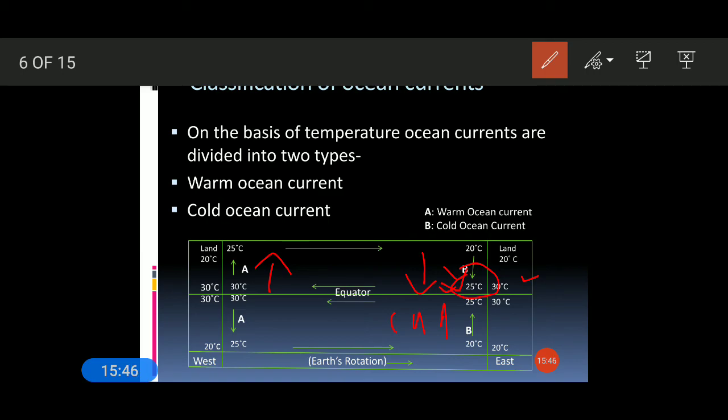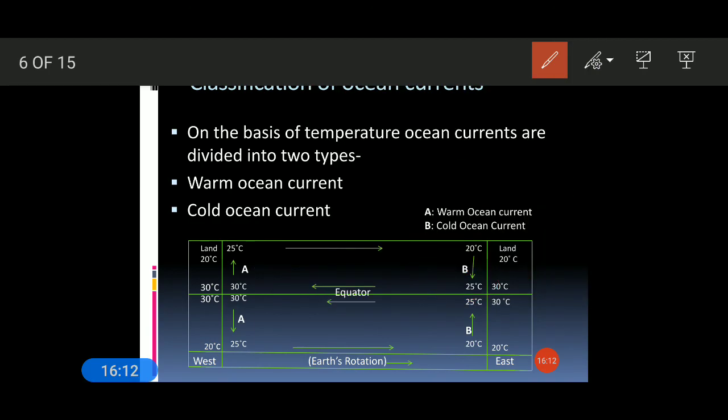So always there is a rule, a kind of theory, that ocean water moving towards the pole is a warm ocean current. Ocean current moving from the polar direction towards the equator is a cold ocean current. So this is how you can identify a warm ocean current and a cold ocean current.